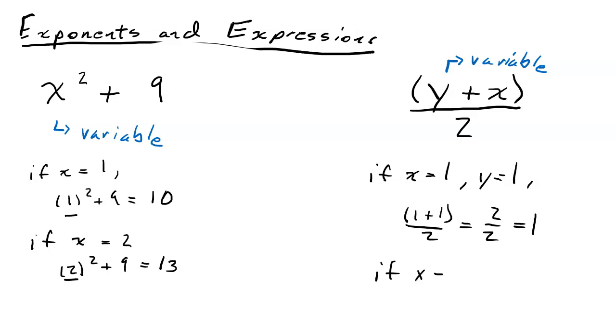So if x is, let's say, minus 1 and y is equal to 3, then we'll get minus 1 plus 3 over 2, which is actually the same thing, right? And this is fine. When you have two variables, you can have different inputs that give you the same answer. And that's totally fine.